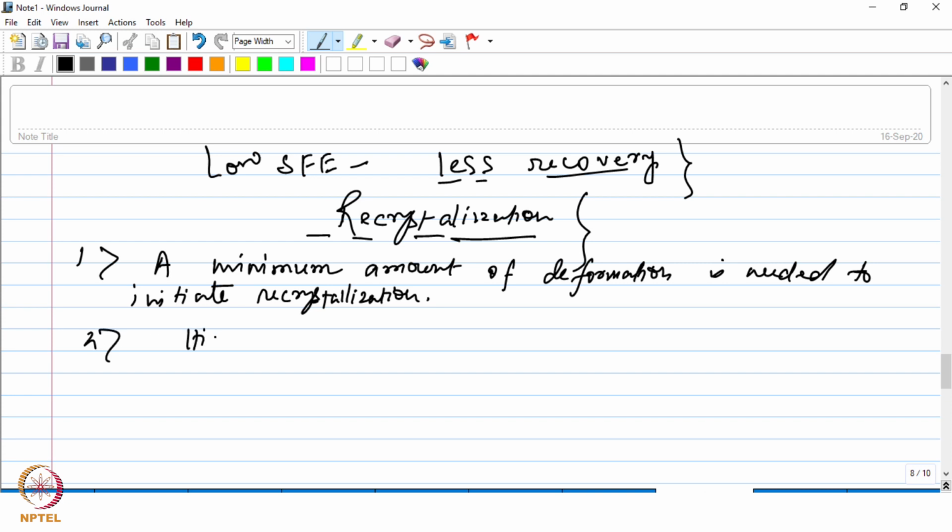And higher the degree of deformation, lower will be the temperature needed for recrystallization, and vice versa.